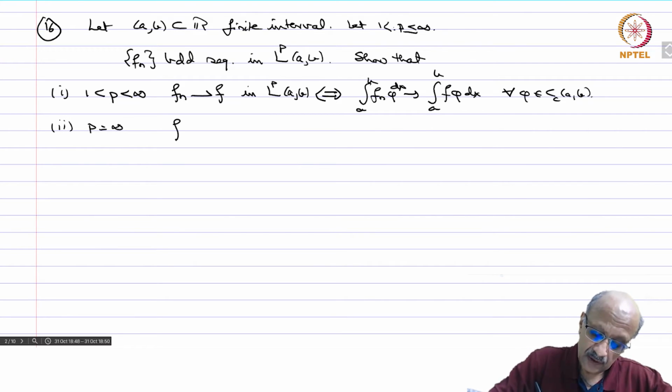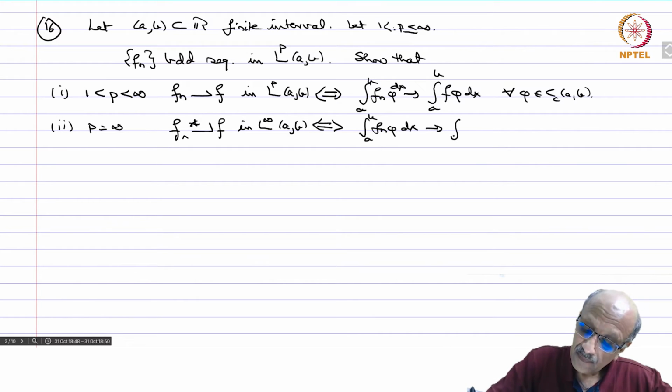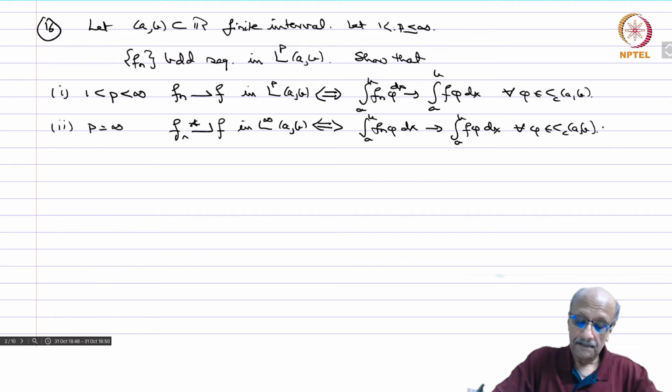So f_n converges to f weak star in L infinity (A,B) if and only if integral over (A,B) of f_n phi dx converges to integral from A to B of f phi dx for all phi in C_c of (A,B). Okay, solution.